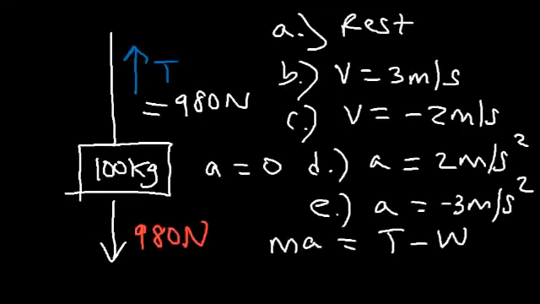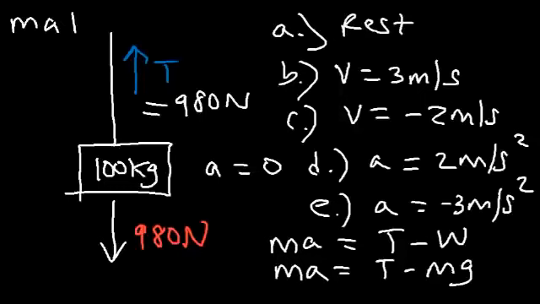Now keep in mind, according to Newton's second law, F equals ma, so that's why we can replace the net force with ma. Now the weight force is equal to mg. So let's add mg to both sides. So ma plus mg is equal to the tension force.